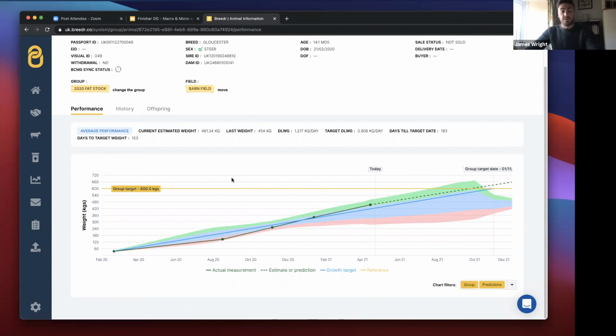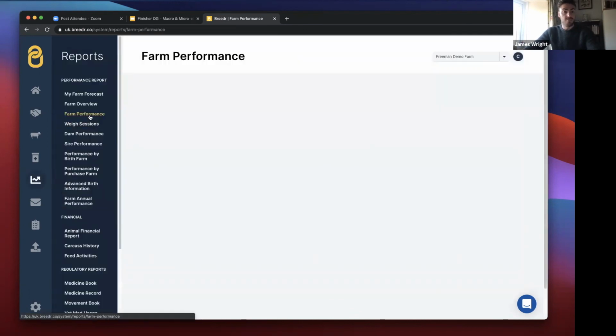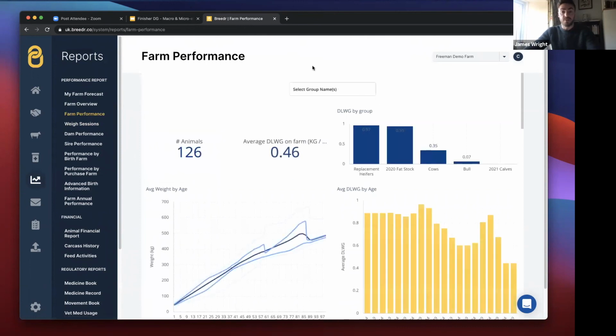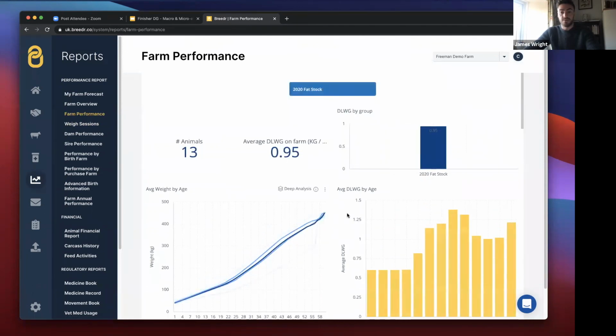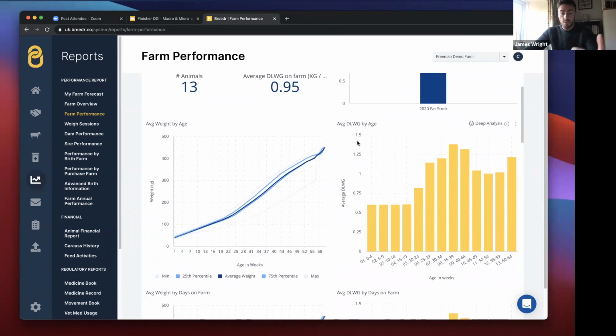So I can analyze my animals on an individual basis, but I can also, if I go to my reports and go on my farm performance report, now filter by the group. So if I select up here, filter by my 2020 fat stock, then I can look at this graph here, which is the average daily live weight gain by that group by age.